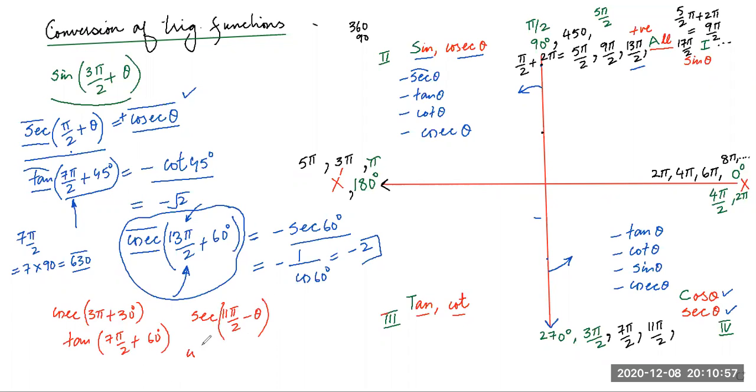Then cotangent of 13 pi by 2 minus theta. And the last one is sine 9 pi minus 30.